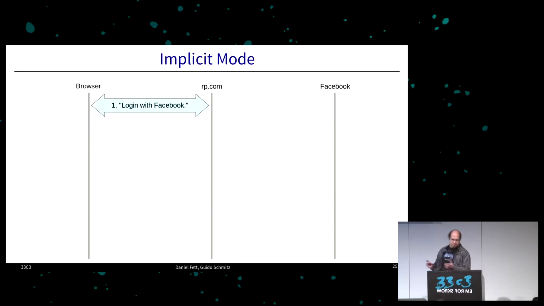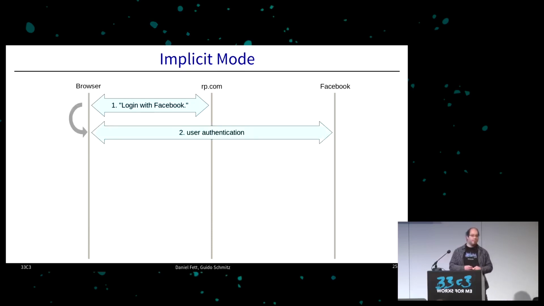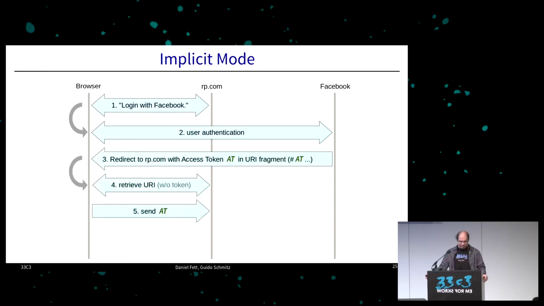So the implicit mode works like this. Here we have an example with some random relying party and Facebook as the identity provider. So first you say, I want to log in with Facebook at your relying party. Then your browser gets redirected to Facebook. Facebook prompts you for your authentication data or for some confirmation if you're already logged in at Facebook.